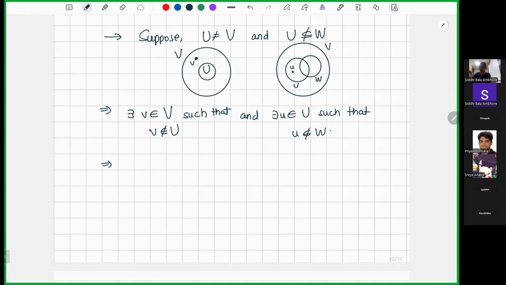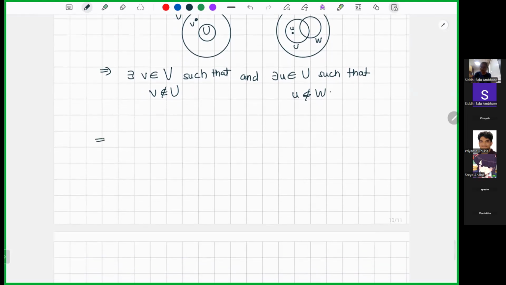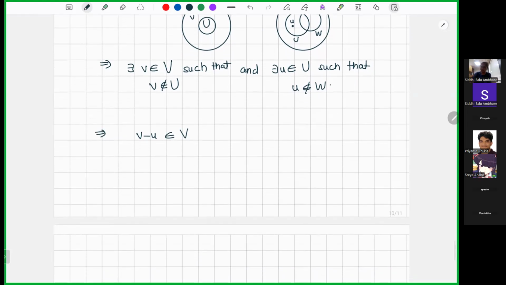So ultimately this u and v both belong to my vector space V, right? So this point v minus u belongs to my whole set V. That's not a problem because we are starting in a vector space. u belongs to U means u belongs to V anyway because V is my superset. V is my universal set in this case.